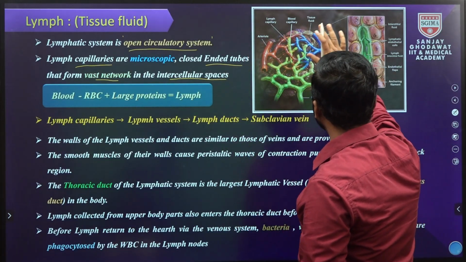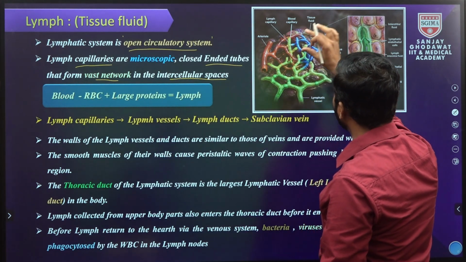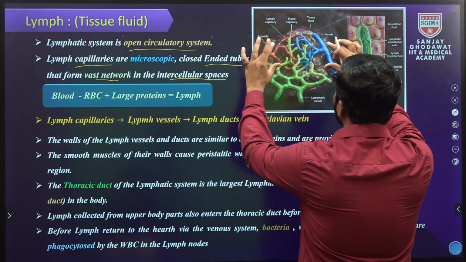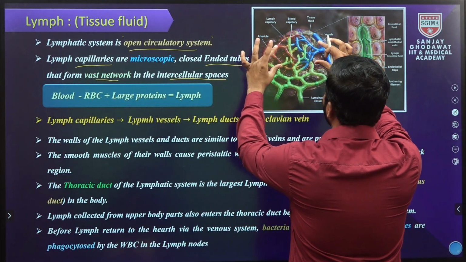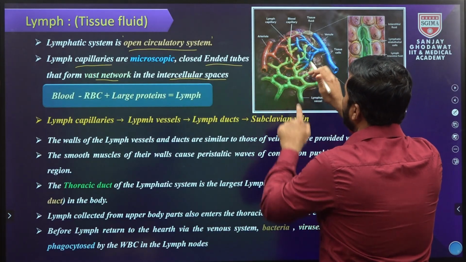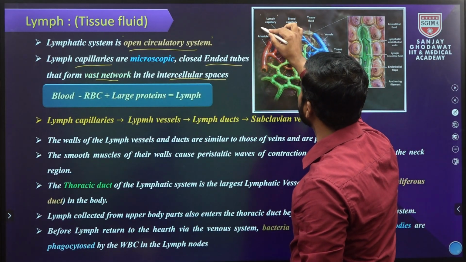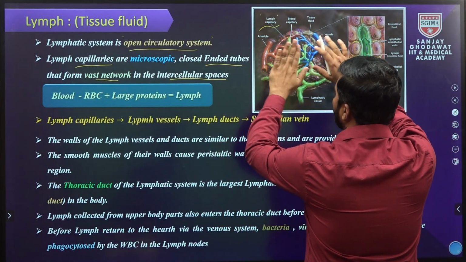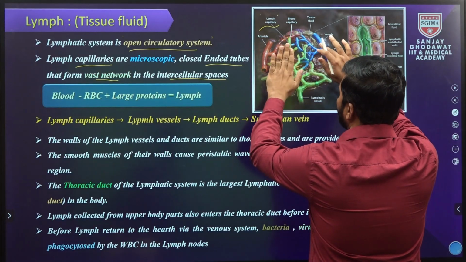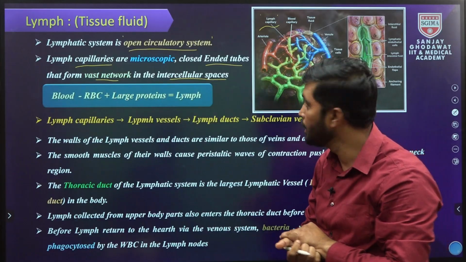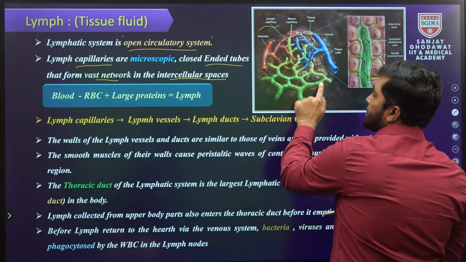The venous capillaries transport deoxygenated blood towards the heart. In between the arterial and venous capillaries, other capillaries are also present. These are the lymph capillaries.